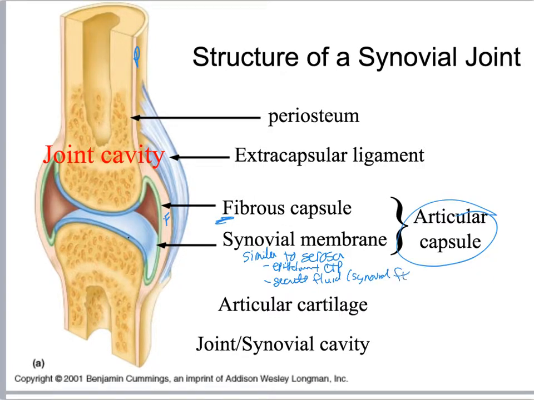All right, the synovial fluid provides a medium for transport, so it allows things to move from one side to the other, like gases, nutrients, that kind of stuff. But it also forms a cushion, helps with compression so that you don't rub the bones against each other, okay?